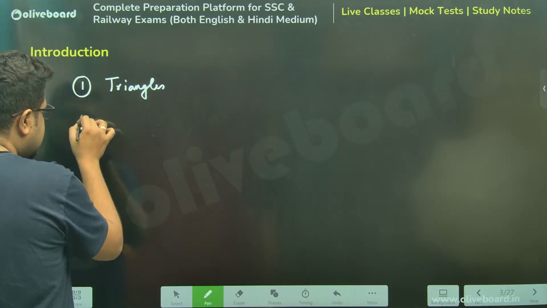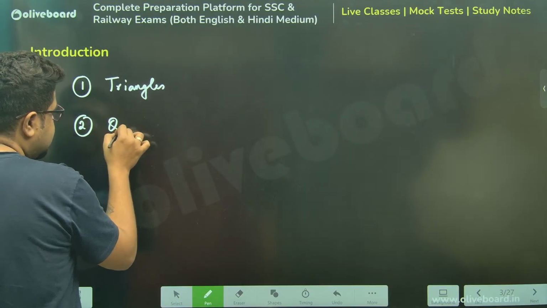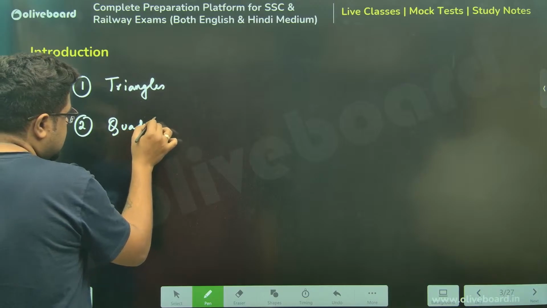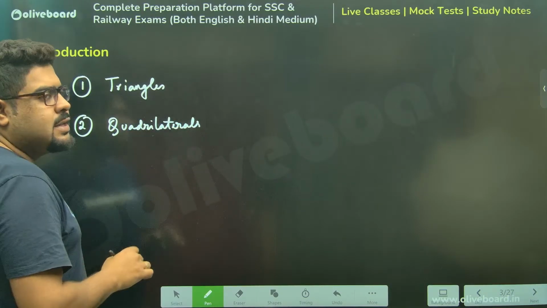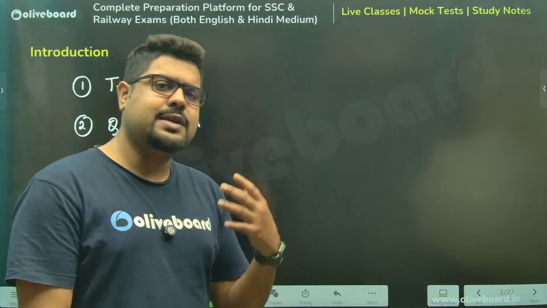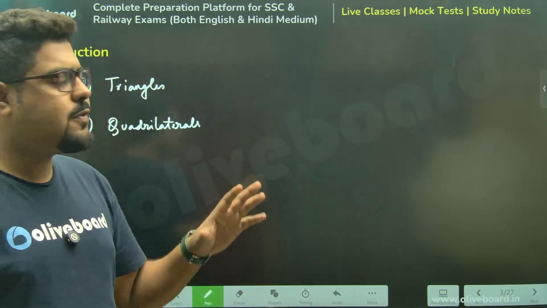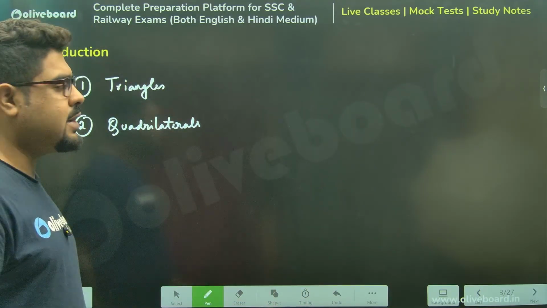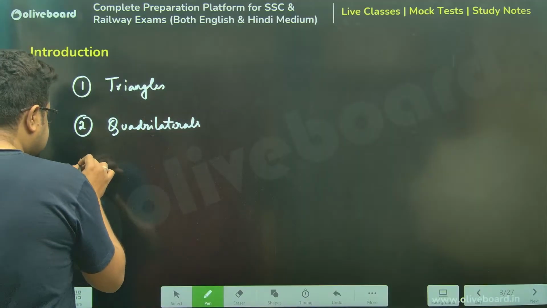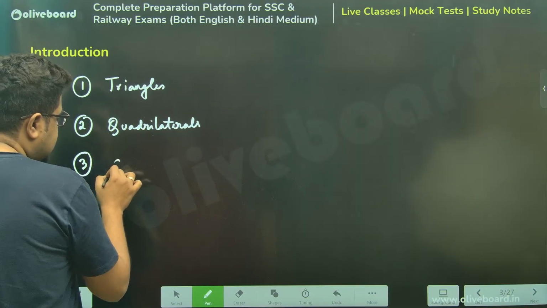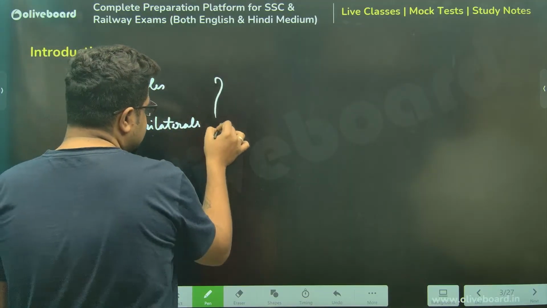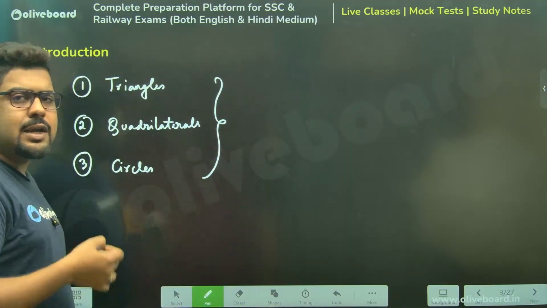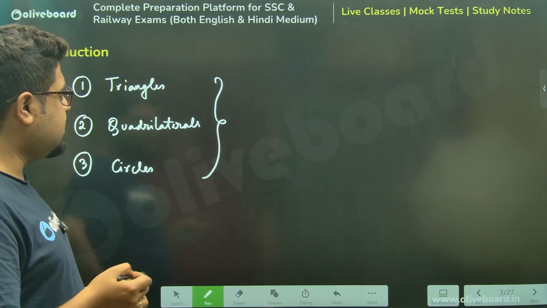Then come the quadrilaterals: rectangles, squares, the odd types of quadrilaterals, rhombus, trapezium, and so on. Then come the circles: circles, the circular arc, annular rings, everything is included.